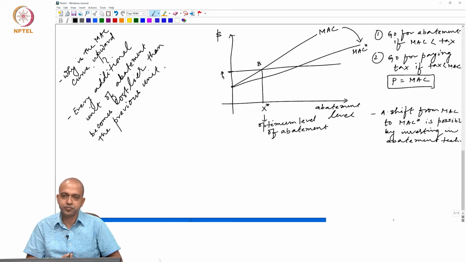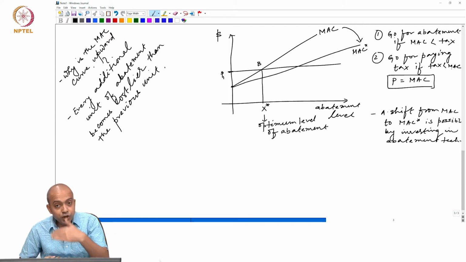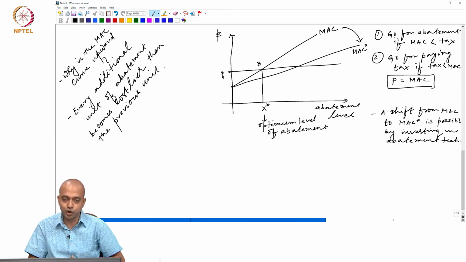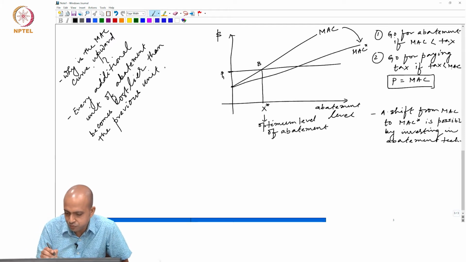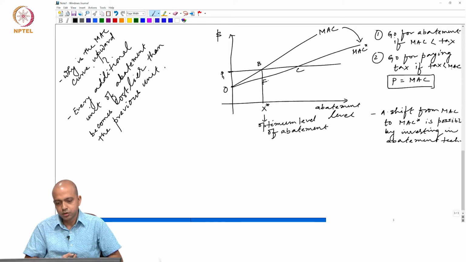Abatement technology. Now, whether the firm will invest in that technology or not depends on what is the benefit of that and what is the cost of that. Okay? Let us first give different names. So, let us say this is C, this is O, this is F. Okay.